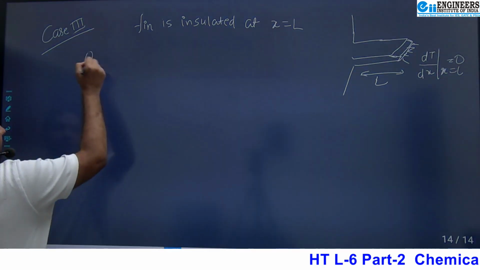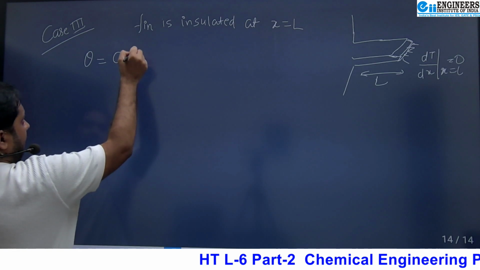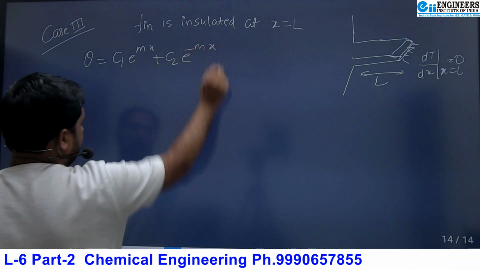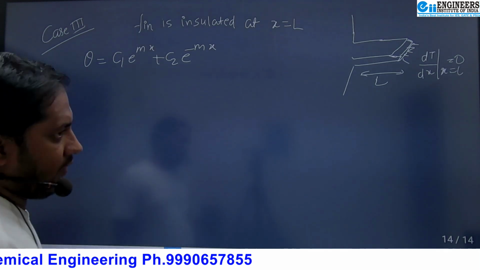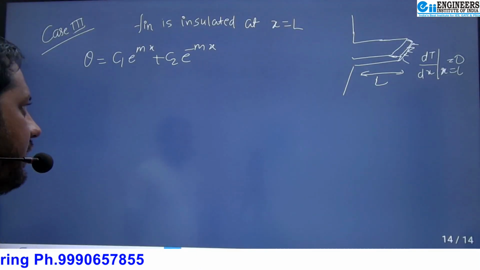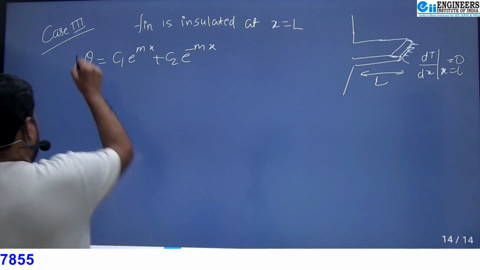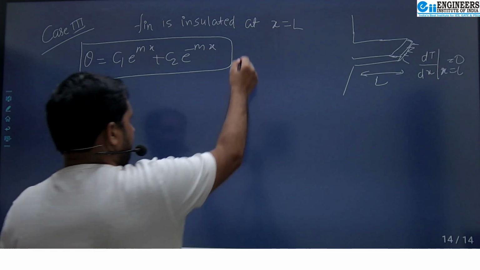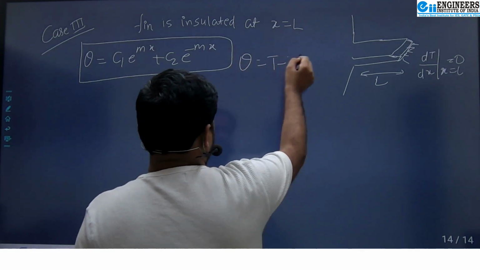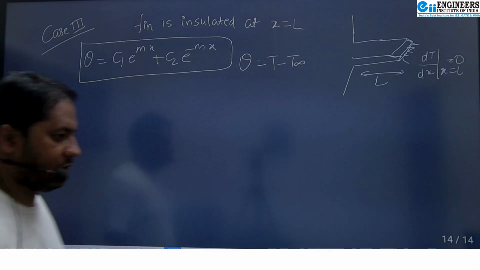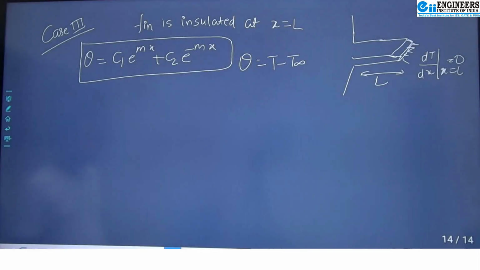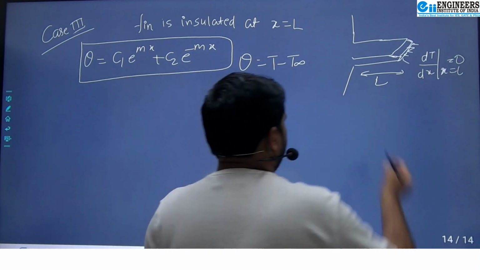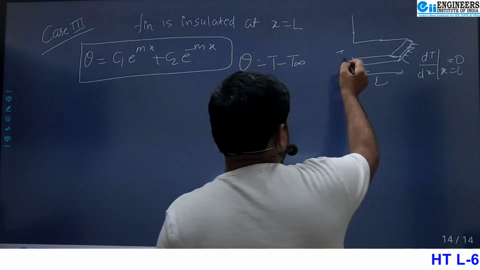Now we know that theta is c1 e power mx plus c2 e power minus mx. So in case of solving the second order differential equation for a rectangular fin by energy balance, theta is nothing but t minus t infinity. This is the solution we obtain from the differential equation. Now again the first boundary condition will be the same. At the base of the fin, temperature is T naught.